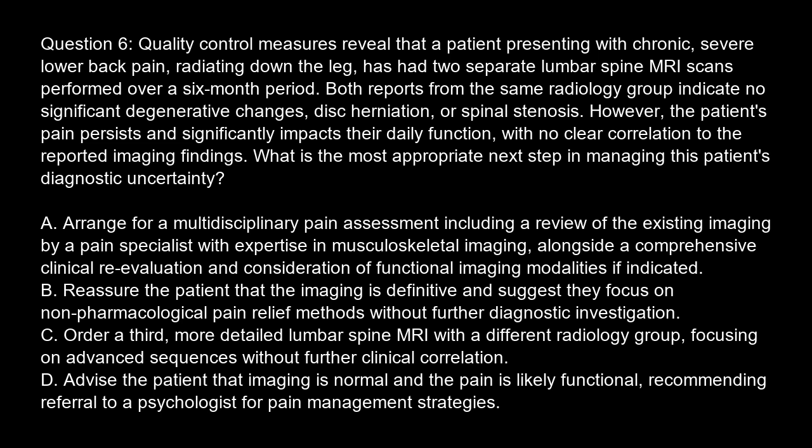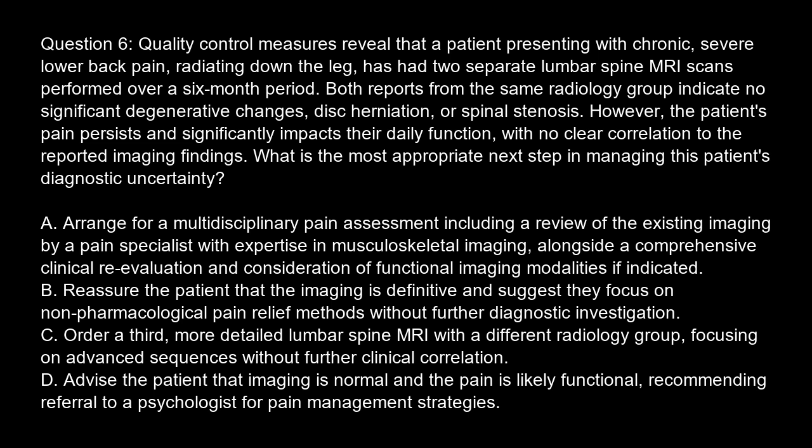Option A. Arrange for a multidisciplinary pain assessment, including a review of the existing imaging by a pain specialist with expertise in musculoskeletal imaging, alongside a comprehensive clinical reevaluation and consideration of functional imaging modalities if indicated. Option B. Reassure the patient that the imaging is definitive and suggest they focus on non-pharmacological pain relief methods without further diagnostic investigation.